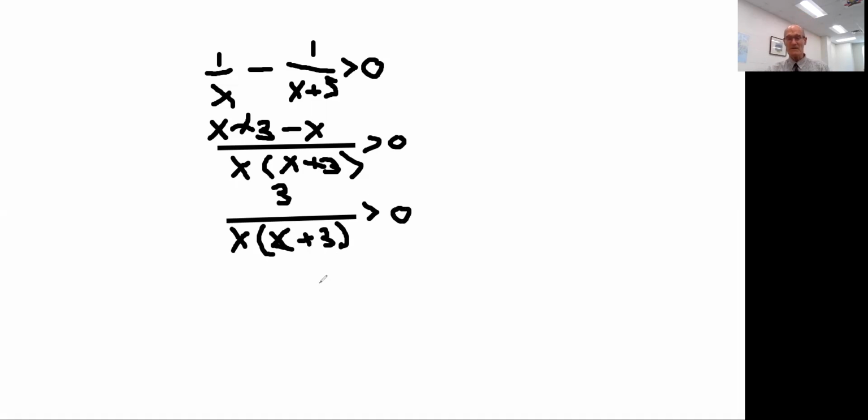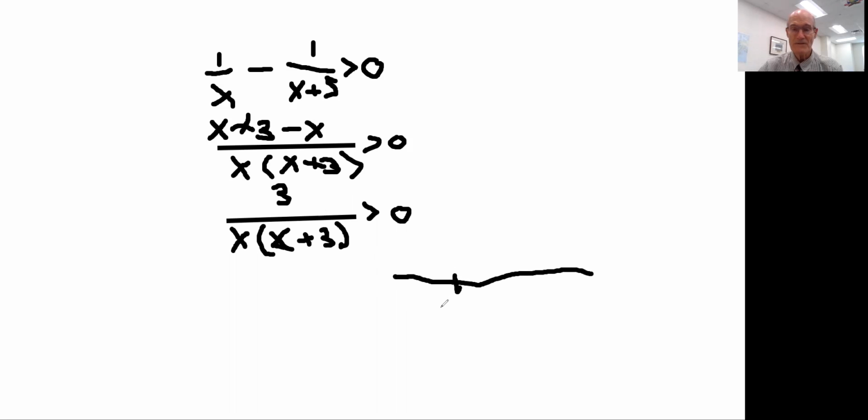Now, when I have something like this, notice that the numerator is always positive, it's never 0. So there's no point where this graph crosses the x-axis, so I don't have to worry about that. So I draw myself a line here, and I split it apart for the points where the curve crosses.